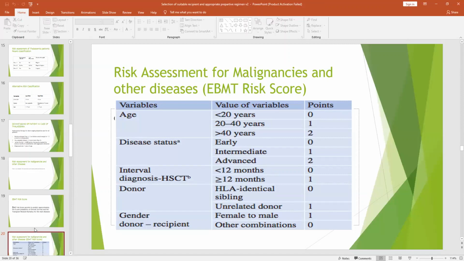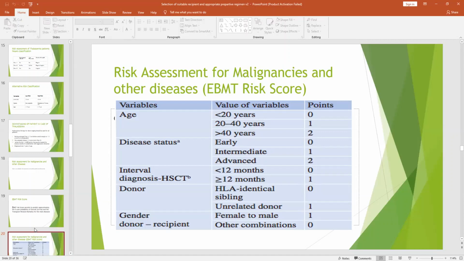The values of the variables are categorized into points. If less than 20 years of age, they categorize it as 0.0, age 20 to 40 is included as 0.1, and more than 40 years they give 0.2. For disease status, if diagnosed in the early stage they gave 0, intermediate is given 1, and advanced is given 2.